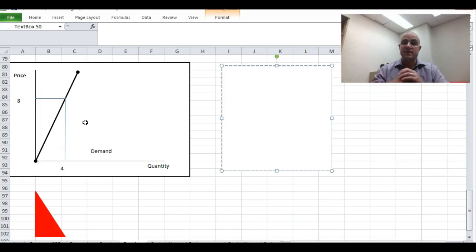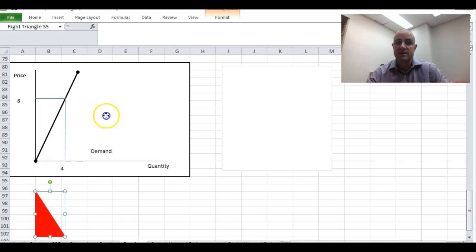The producer surplus is the difference between what they were willing to sell for, the supply, and what they did sell for, the price. The area above supply, below the price, up to the quantity sold.